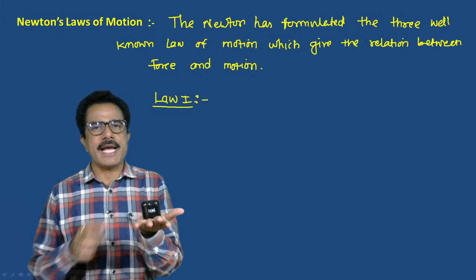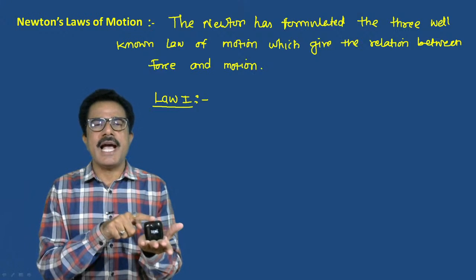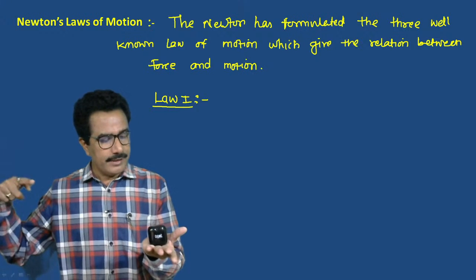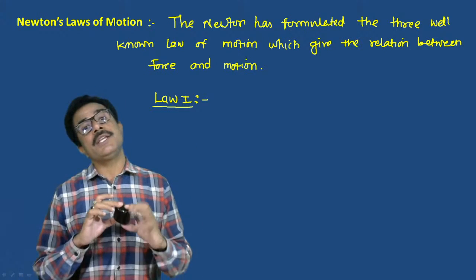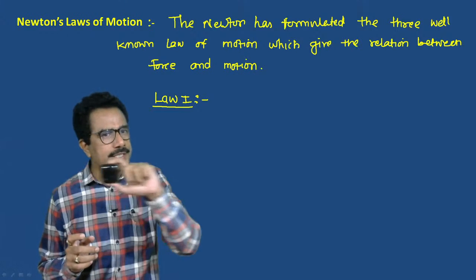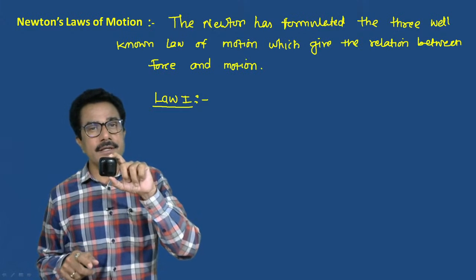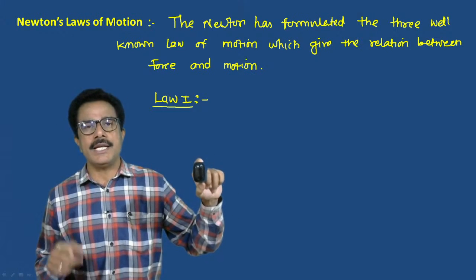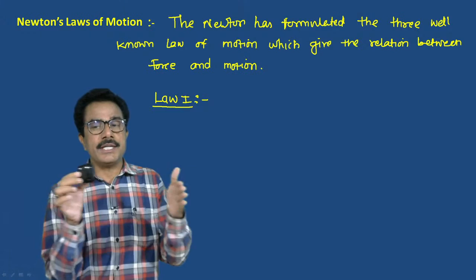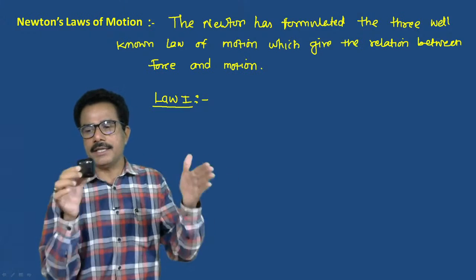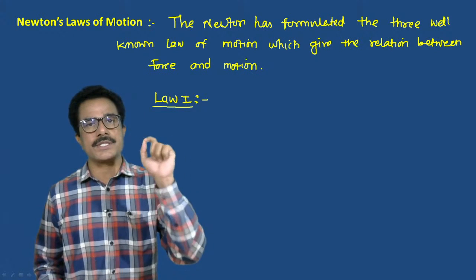If this rigid body is at rest, it remains at rest until an external force is exerted on it. Or suppose in the universe a body is in motion, then it continues in motion in a straight line or linear motion until an external force is exerted on it. This is Newton's first law of motion.